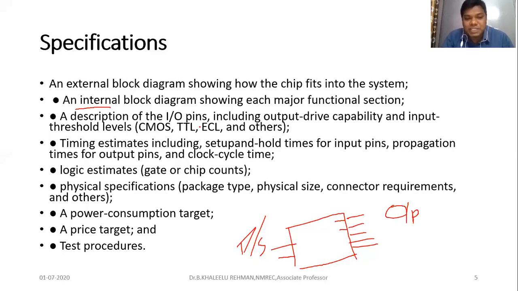The timing specifications, how many logic gates we are using. Then the physical specifications: the package type, either dual inline package or quad package, the physical size, what is the size of the IC, connector requirements, power consumption, how much power it consumes, what the cost will be. These all come under the design specification.